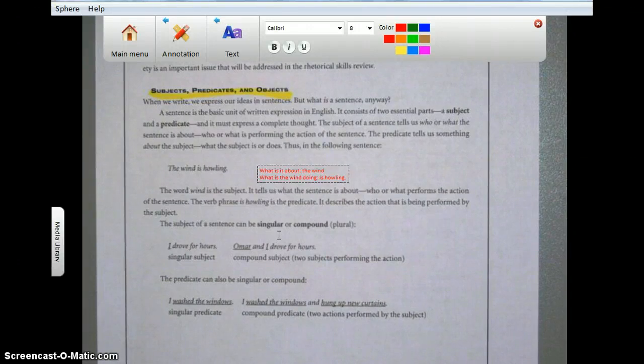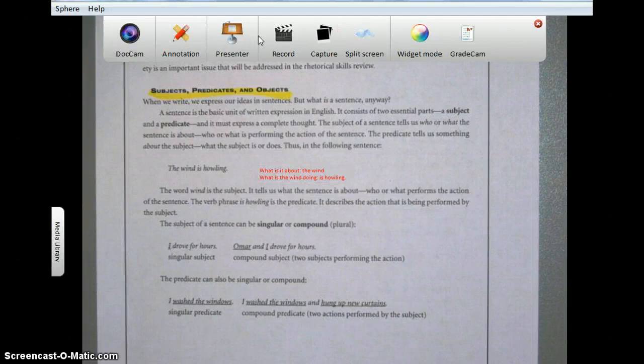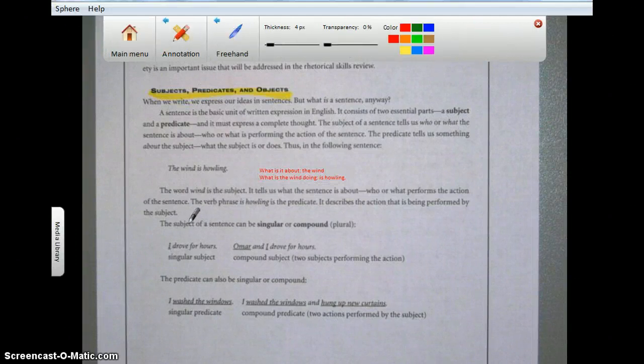The subject of a sentence can be singular or compound. So you could have, I drove for hours. Omar and I drove for hours. I drove for hours is singular, and this one over here is plural, because we have Omar and I. There's two people doing something, so that's a compound subject.